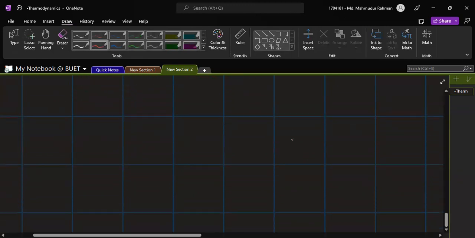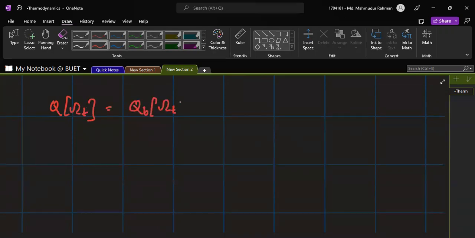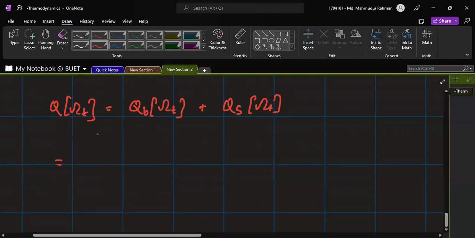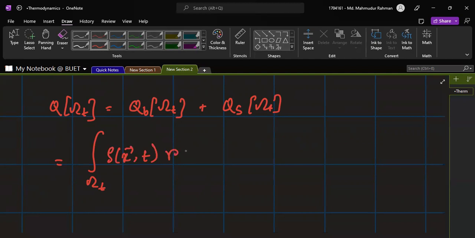the integral expression that we have for our body heating and surface heating, the net heating, can be described by this expression. Q of omega t is our body heating and our surface heating. Our body heating has the integral representation over omega t of rho of x, t times R of x, t, which is the heat supply field per unit mass that we have encountered previously.